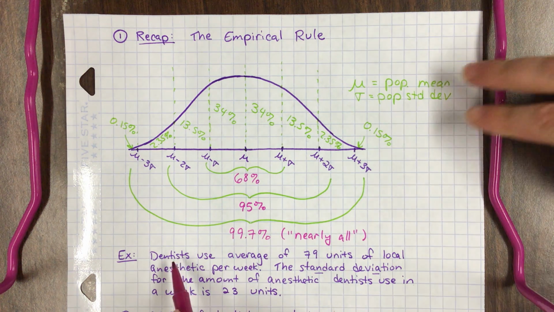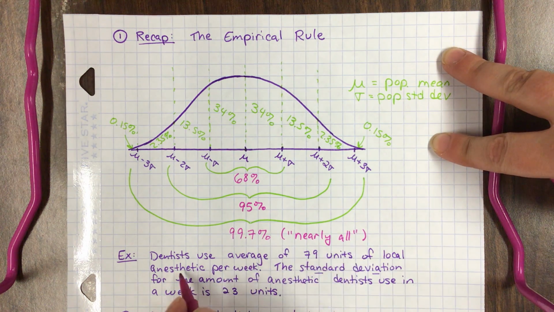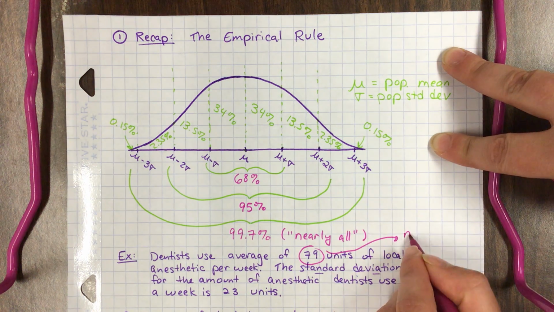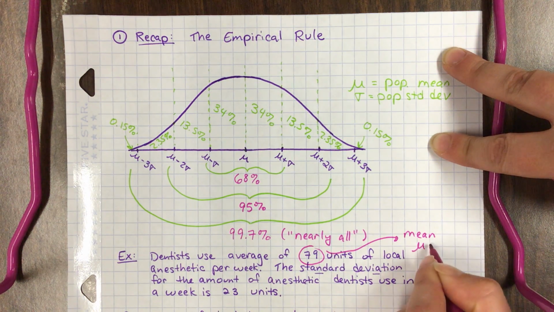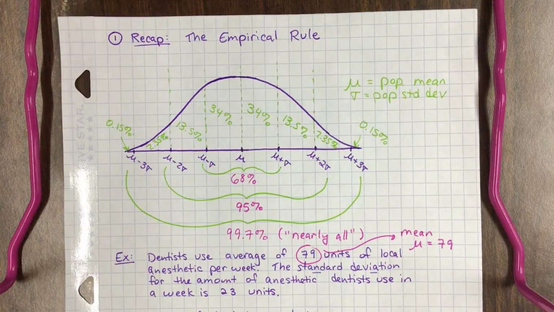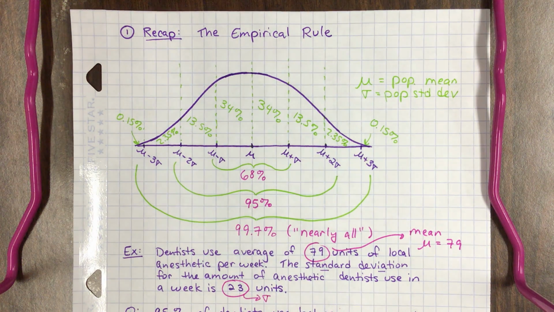A study found that dentists use an average of 79 units of local anesthetic per week. That average is my mean, mu, that I have here in my picture. And it looks like we have a standard deviation, sigma, of 23.